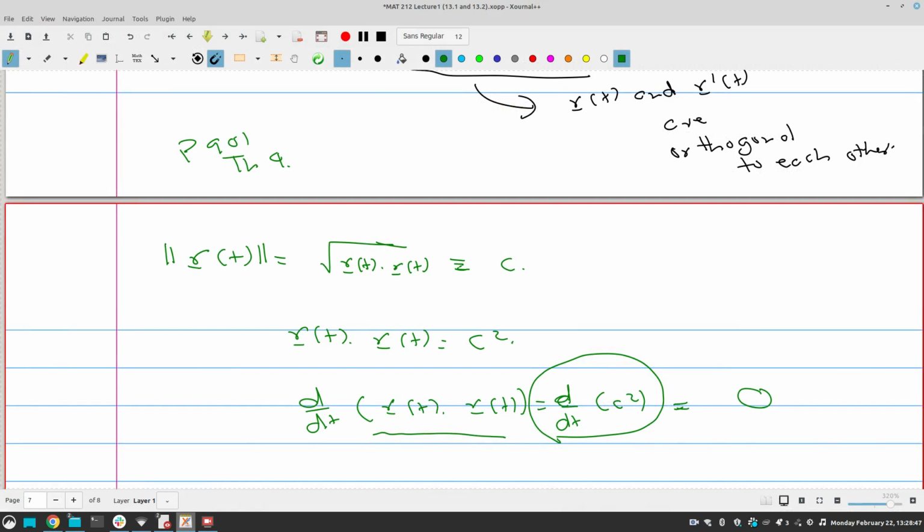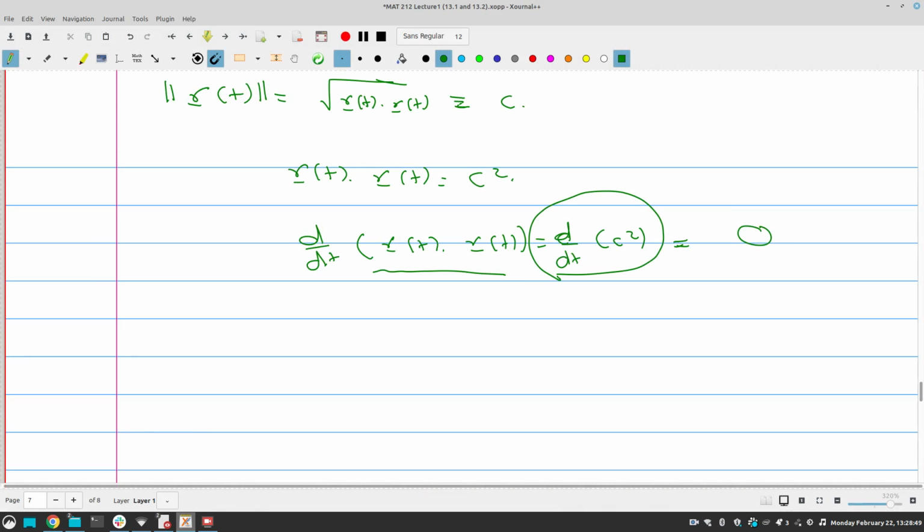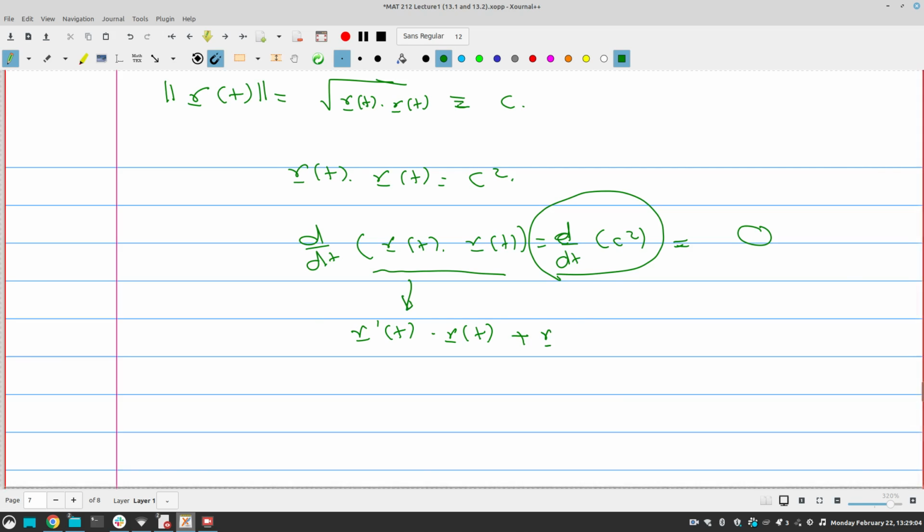Using part 4 of theorem 3, we can write the left hand side as r prime t dot r t plus r t dot r prime t.